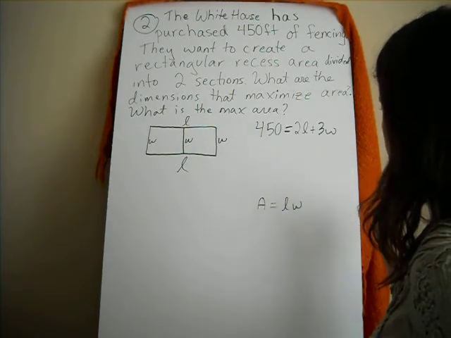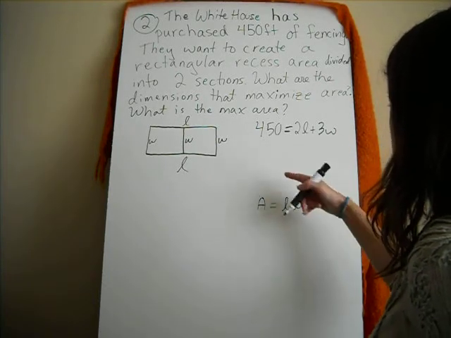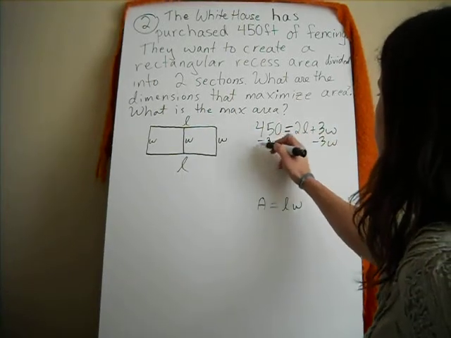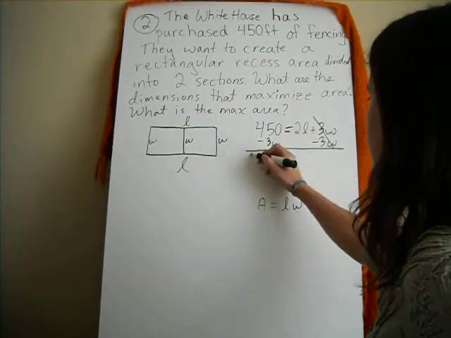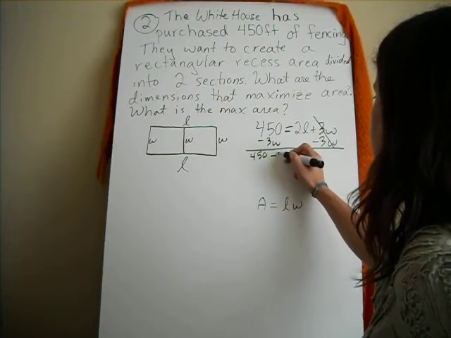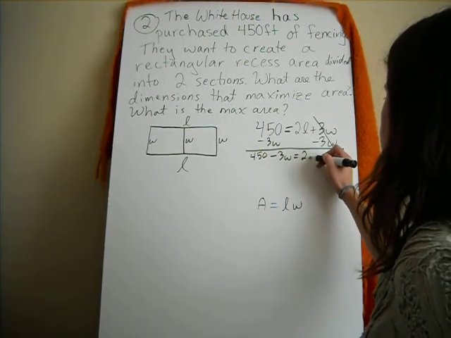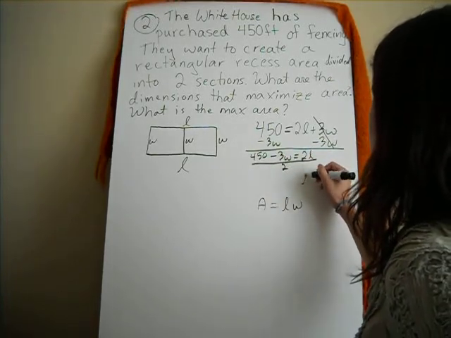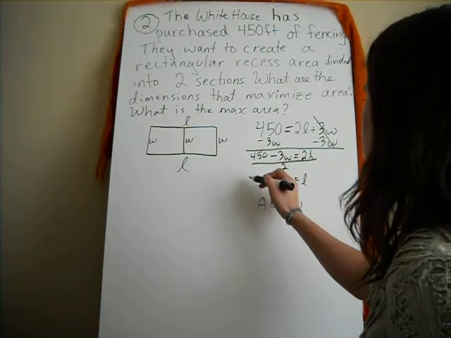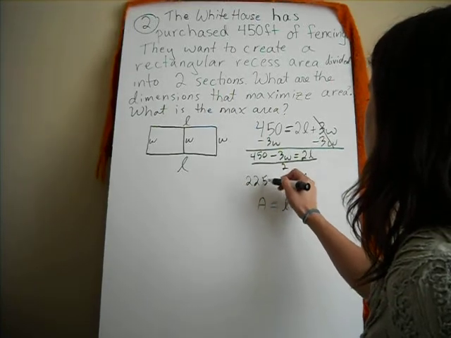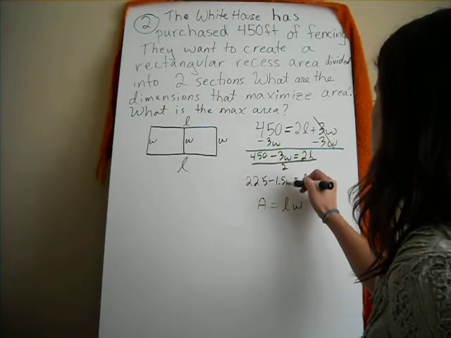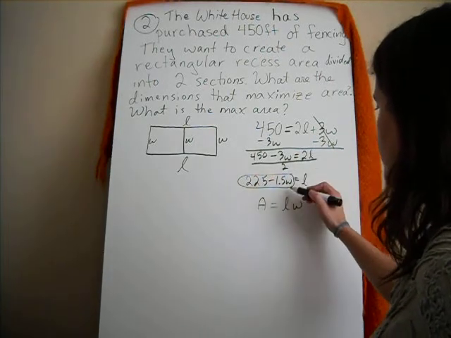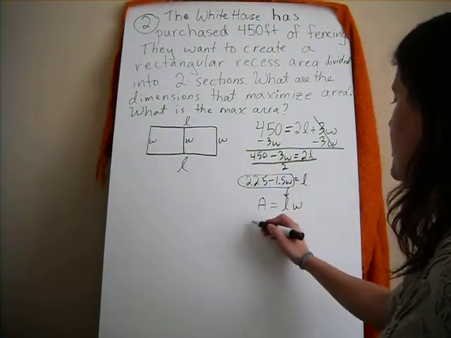So in this one, let's subtract 3W. Divide by 2. And we get that L is equal to 225 minus 1.5W. Now that we have L isolated, we can substitute that into the L in the area equation.